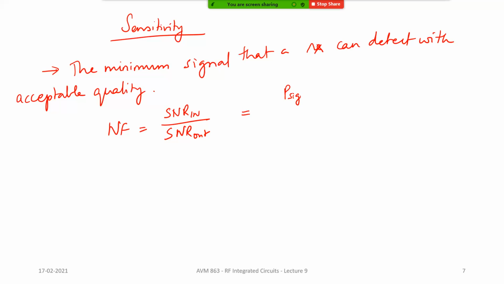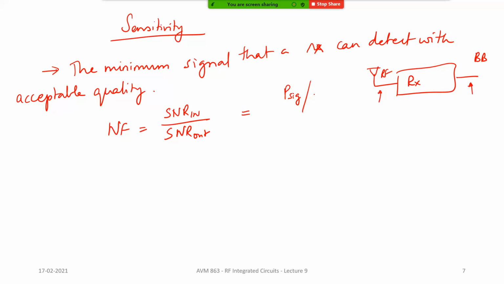That means you say I have the antenna going to my entire receiver chain, and then finally you have your output signals. So you find out the SNR here and you find out the SNR here. Now this is at RF and this is at baseband, okay, down conversion, gain staging, everything is done, and finally it's basically the entire receiver as a black box. So here what do you say?